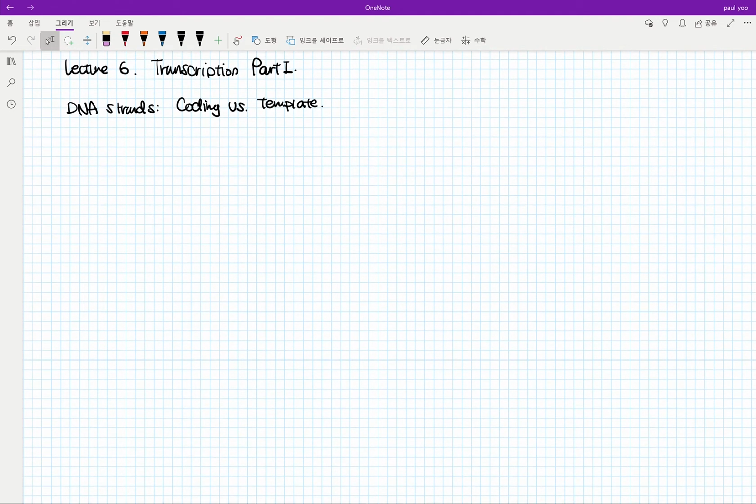Transcription part 1, DNA strands coding versus template.